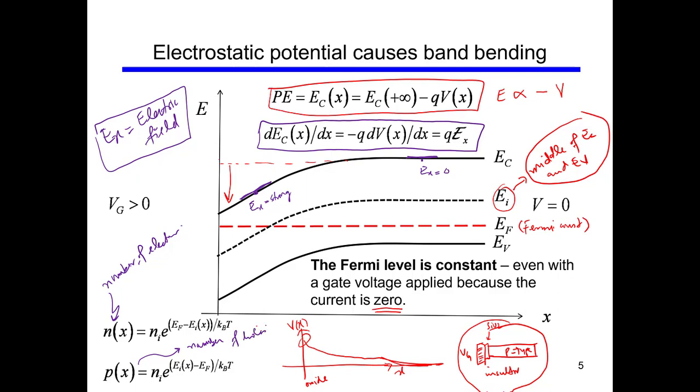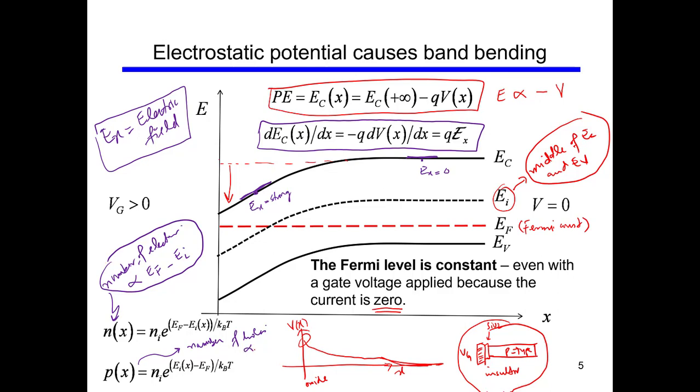We have these two formulas here, and we have only to remember that the number of electrons is proportional to the difference of Fermi level and intrinsic level. So if the Fermi level is above the intrinsic level, the number of electrons will be large.